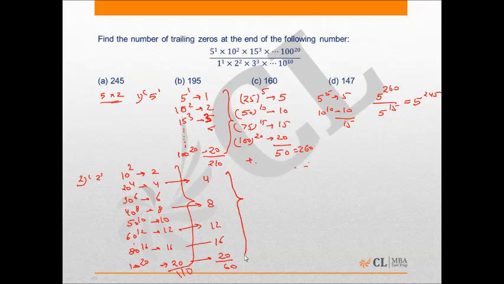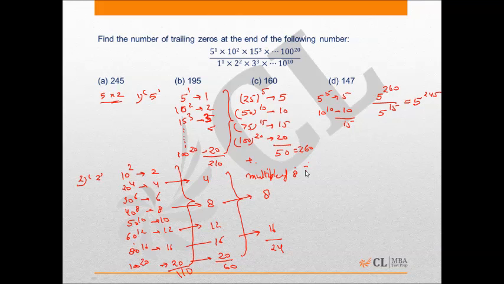Again, out of these numbers, whenever we have multiples of 8, like 40, now 8 is 2 cube, so we'll again have 1 extra power of 2. So in 40 raised to power 8, we'll get 8 extra powers, right? And 80 raised to power 16, I'll get 16 extra powers. So in all we have 24 extra.